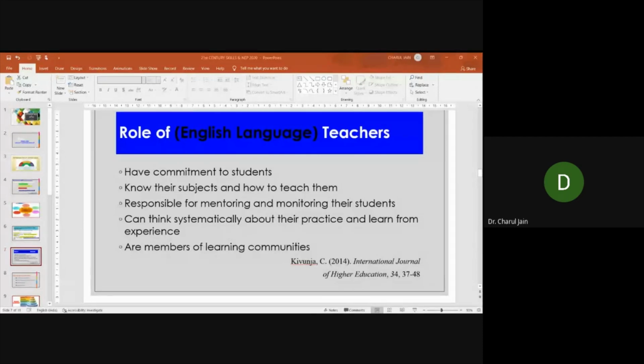We are in a situation to be able to think critically, understand the circumstance. So as you said, the situation has taught us, yes, very correctly, but we are able to adapt very quickly with the situation because we are much more mature and we are able to analyze, learn from the circumstances and adapt very quickly. And also we are members of learning communities.